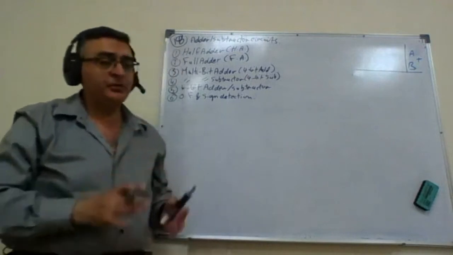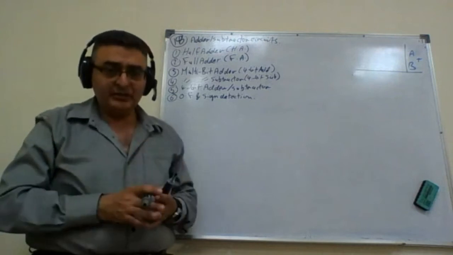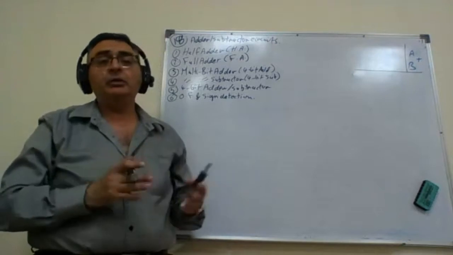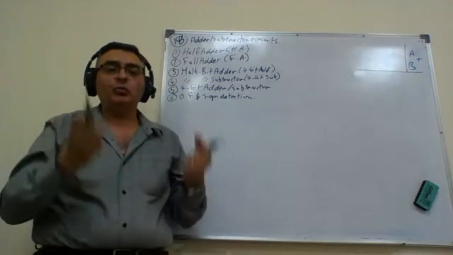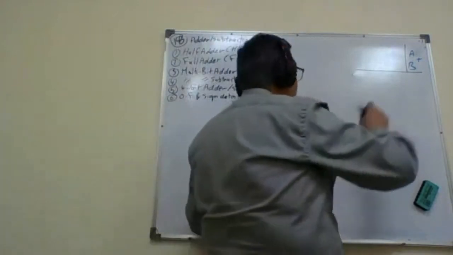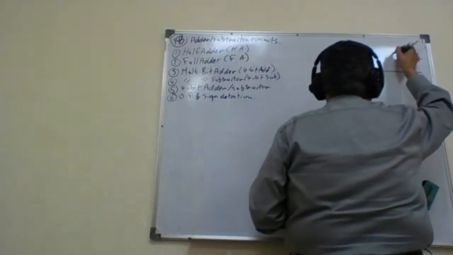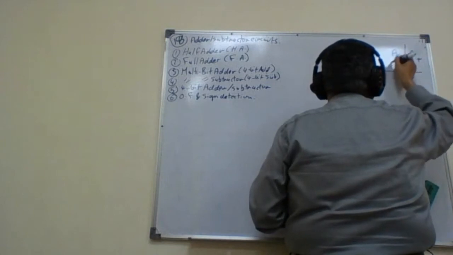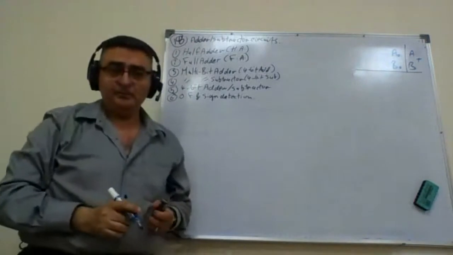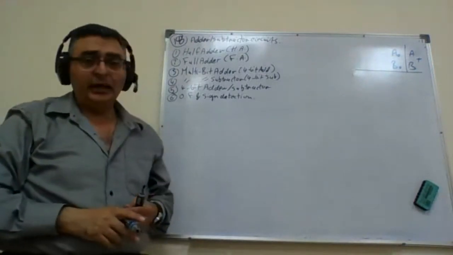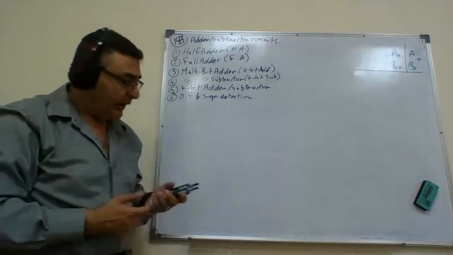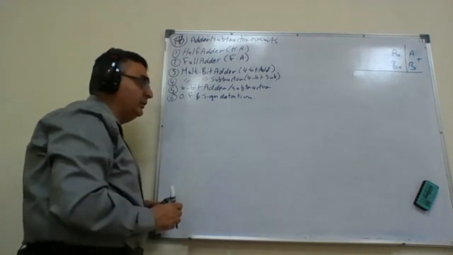What is the simplest case? The simplest case is to have an addition between two numbers A and B, and each of them is just 1 bit. This is the simplest case. So in this case, I will just assume that A is 1 bit, B is 1 bit, and I want to add A to B. If I want to add A and B, and each of them is 1 bit, we have learned from chapter 1 that I have the following options.